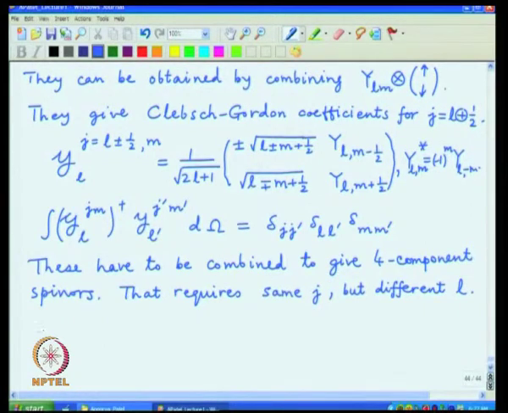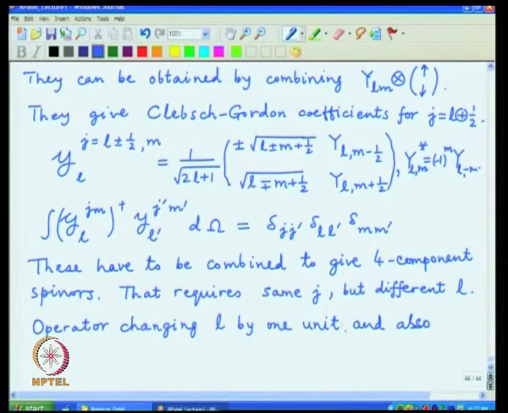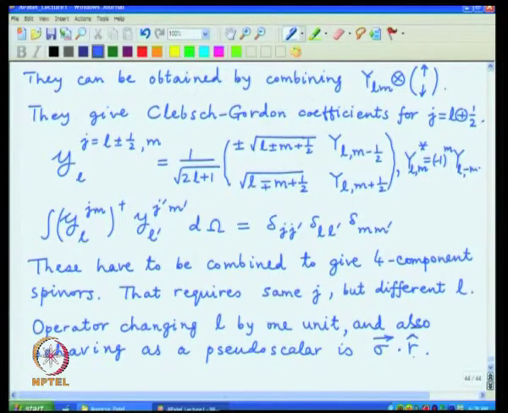So, this is the Pauli matrix sigma dotted with the radial coordinate.